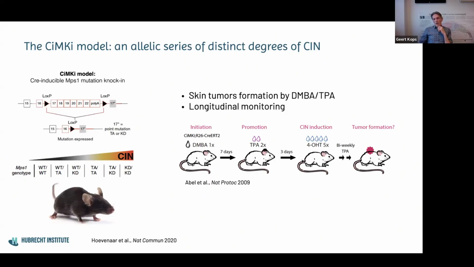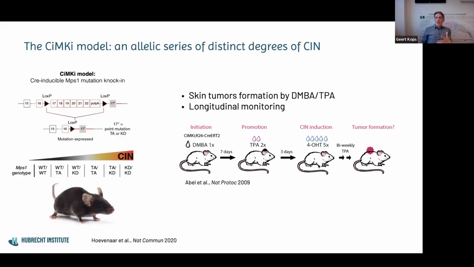This then creates skin tumors on the back of the mice, where the application of these two compounds was done. And then in our case, we give them chromosome instability at either a mock situation or different degrees of chromosome instability. And then we monitor the tumor formation over many, many weeks.